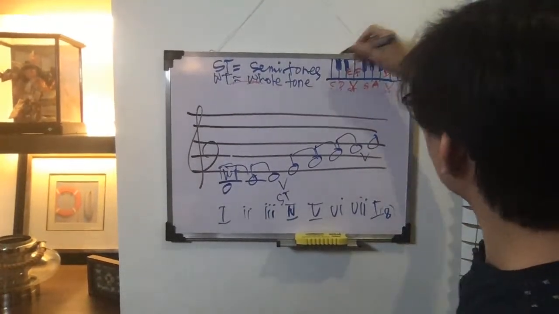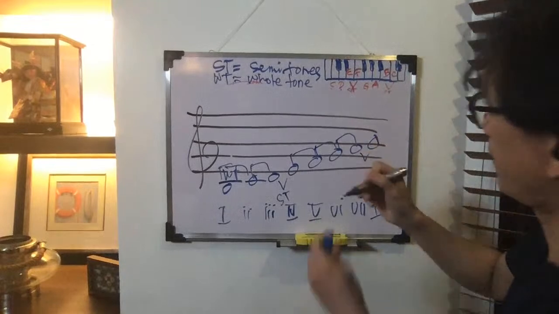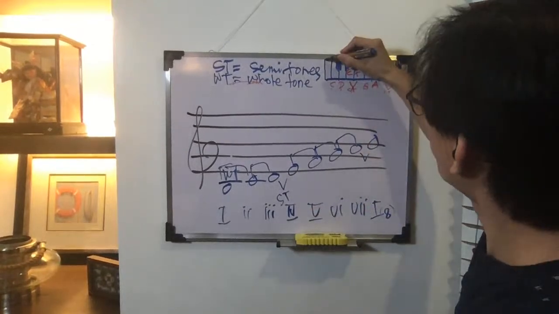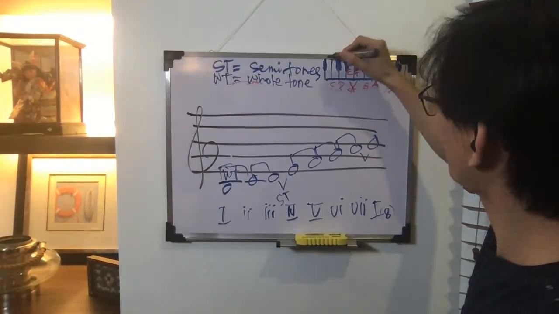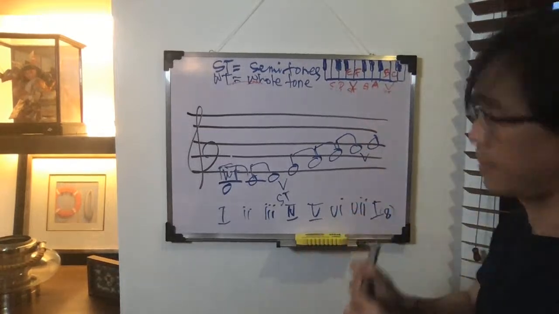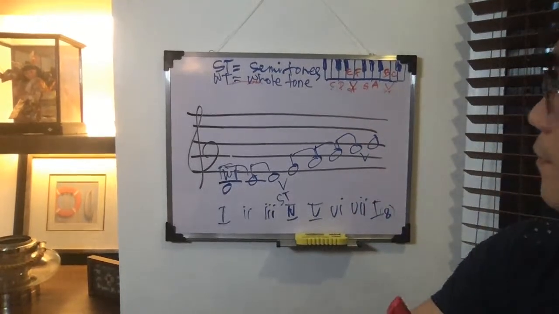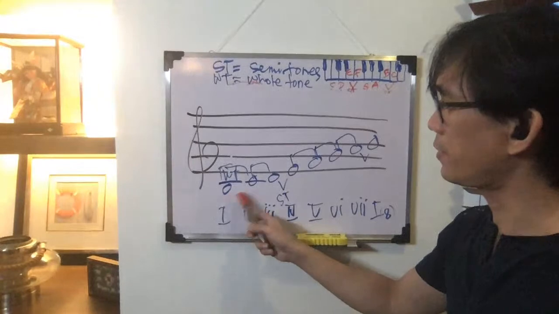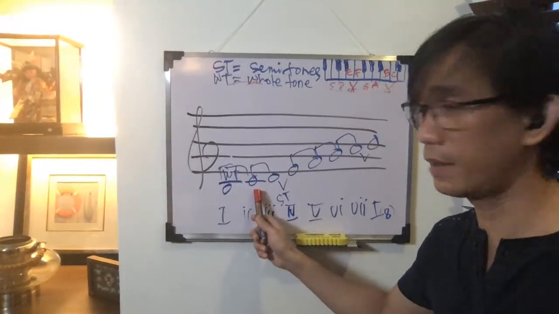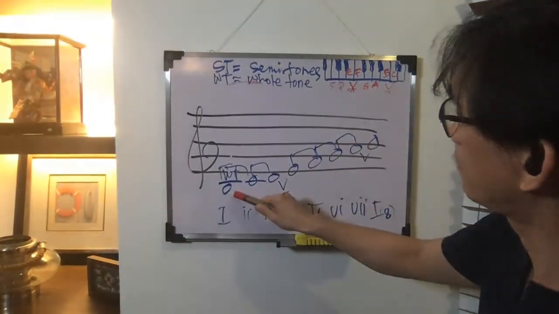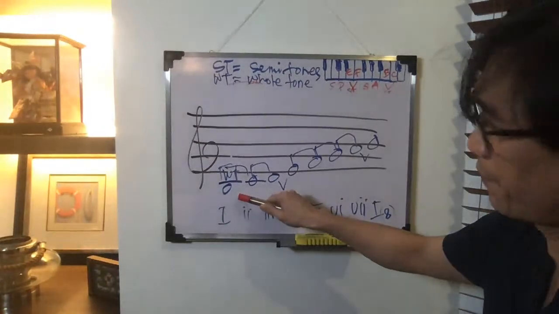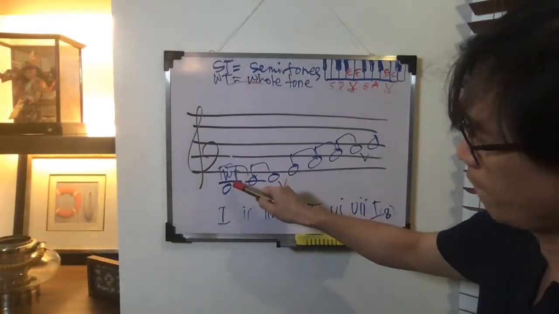Therefore, let's add a B here. Easier. And then there's a half a black key there. So now, B to C natural is what kind of interval? It has to be a whole tone.